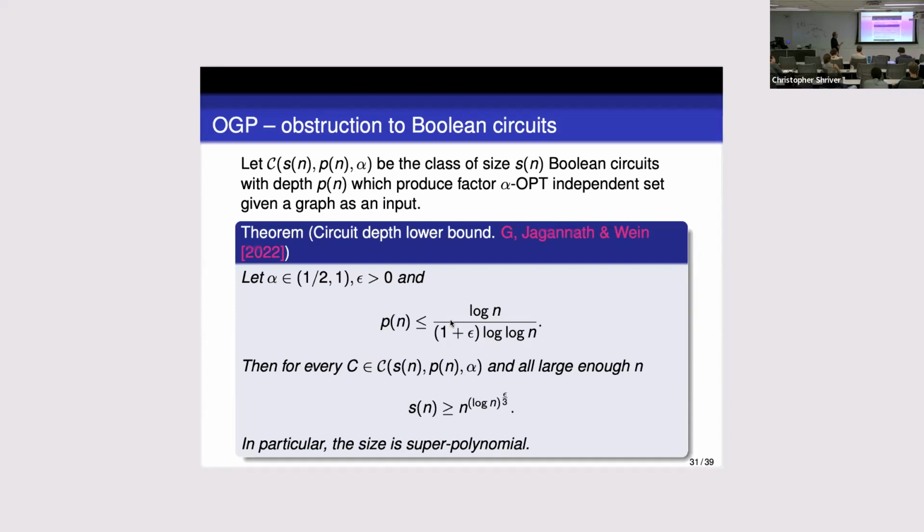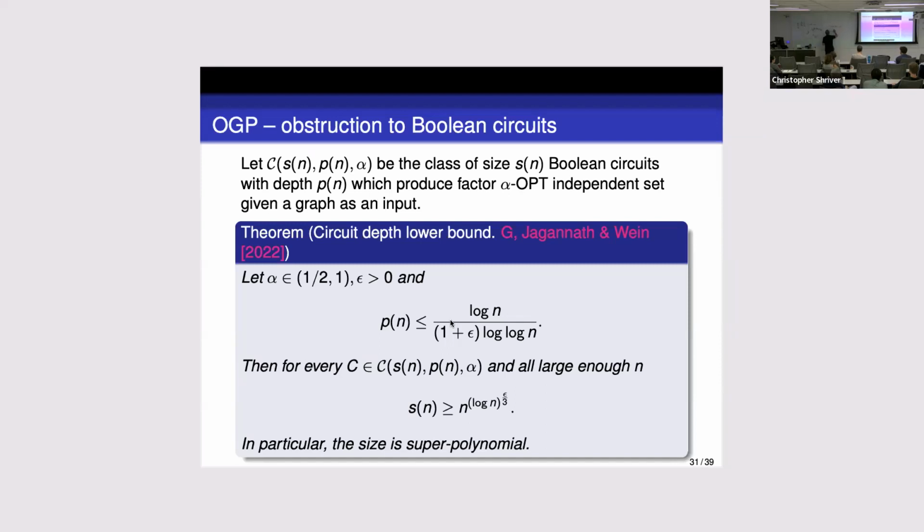So if we consider all circuits of a particular size and a particular depth, and let alpha be the approximation factor. All along, I've been discussing the factor 1/2 plus 1/2 root 2. It turns out that it can be brought all the way to 1/2 in a more complicated version of the overlap gap property that was invented by Alex Wein in 2020.